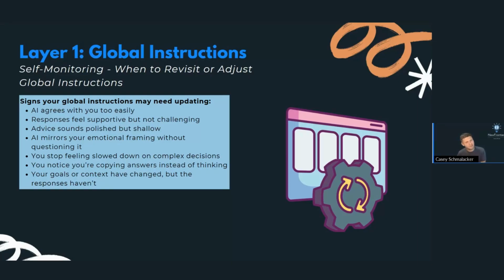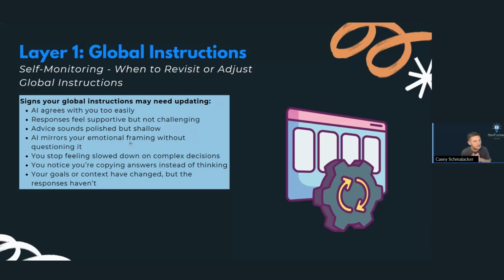If the advice sounds polished but shallow, we might want to revisit global instructions. If AI is just mirroring your emotional framing without any questioning of it, if you stop feeling slowed down on complex decisions, if you notice that you're copying answers instead of thinking, or your goals or contexts have changed but the responses haven't.